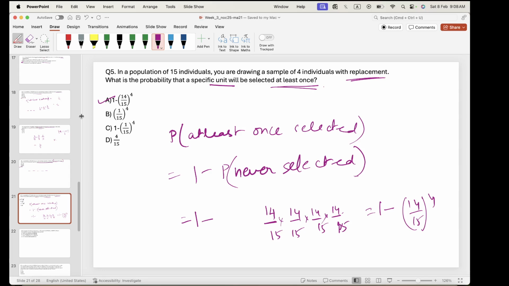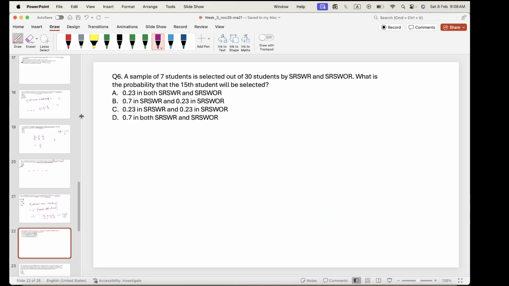Okay, next. A sample of 7 students is selected out of 30 students by SRSWR. What is the probability that a particular student will be selected? So here we are not talking about a sample and when this student will be selected, nothing of that sort.